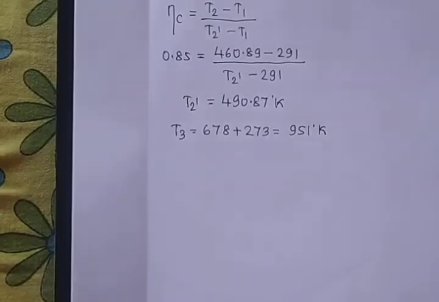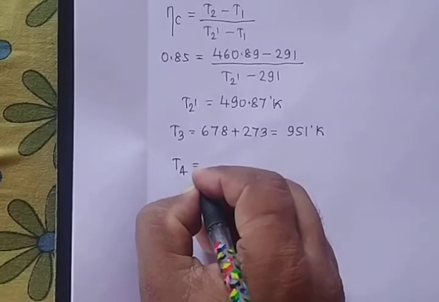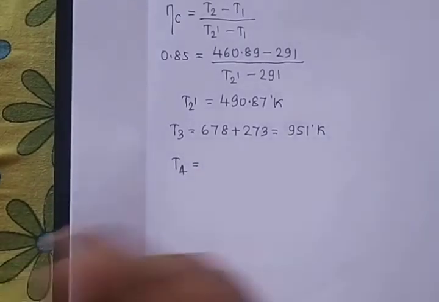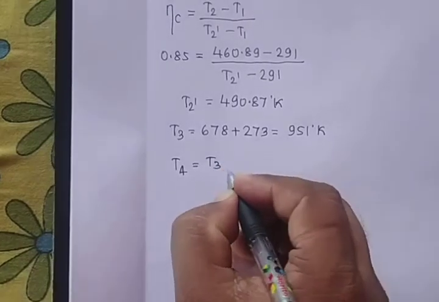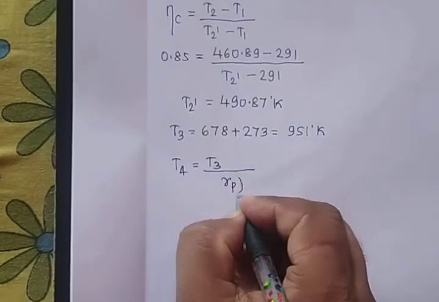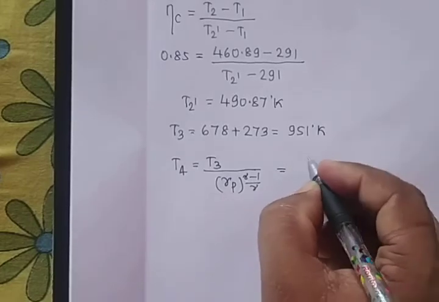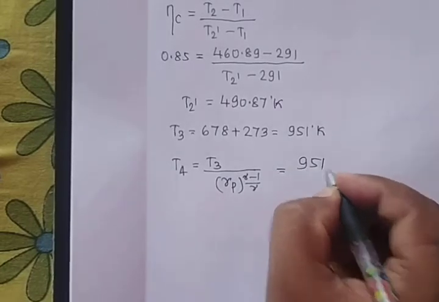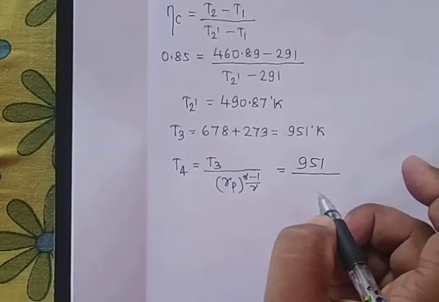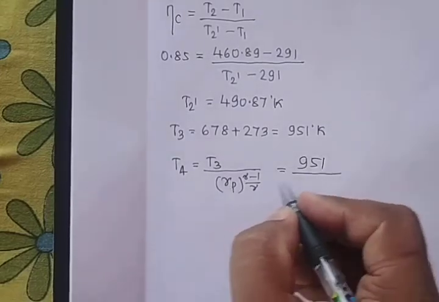Then find out the value of T4 during isentropic expansion process, that is from 3 to 4. T4 will be equal to T3 divided by Rp to the power gamma minus 1 by gamma. So we know the value of T3, it is 951. Rp is known, or we need to find out the compression.